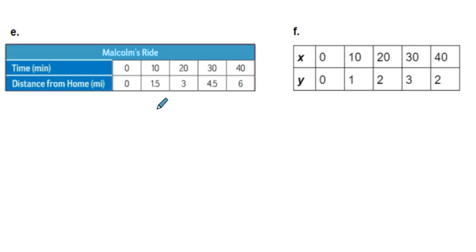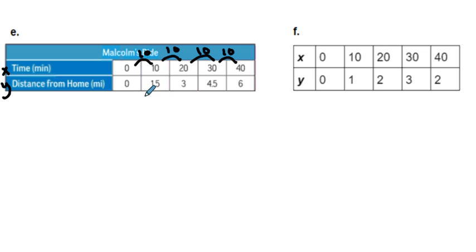And then for tables, this is what you're looking at. This can get a little confusing, but you always call this X and Y. And this one is already written as X and Y. Just look at how much it changes. It's going up 10. It goes up 10. Here it goes up 10. And here it goes up 10. So you might be tempted from seeing that to say, oh, it's got a constant rate of change, but we don't know that yet.